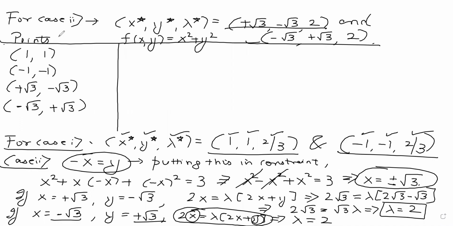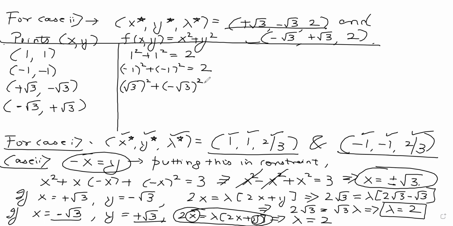These are all possible pairs of x comma y which we have got. I plug them in the function. So 1 square plus 1 square is 2, minus 1 square plus minus 1 square is also 2, root 3 square plus minus root 3 square is 6, and then again minus root 3 square plus root 3 square is also 6.